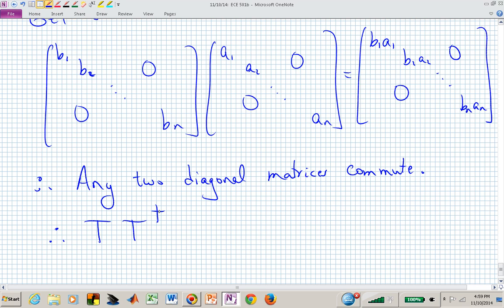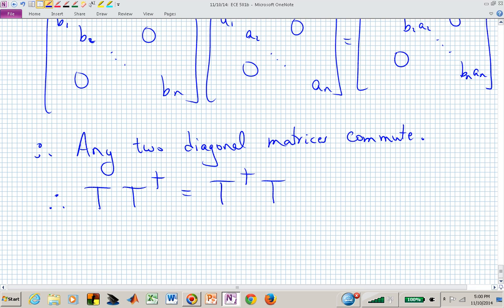Therefore, the composition of T with its adjoint is the same as T dagger times T, or composed with T. Or T and its adjoint commute. And another way of saying that is to conclude that T is normal, and that's what we wanted to show. That was the one direction.